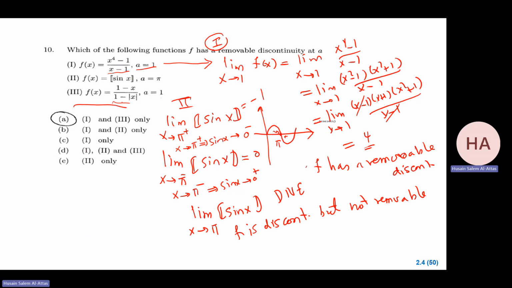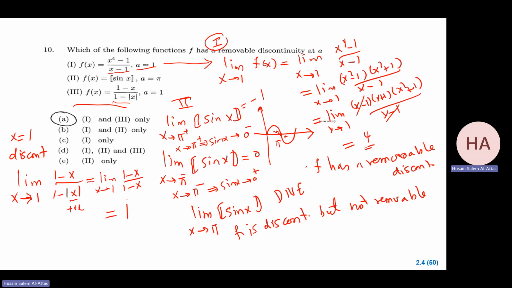The third one, I need to check the limit as x goes to 1. Very clear, at x equal 1, we have discontinuity, because it will be 1 minus 1, 0. So I have 1 minus x over 1 minus absolute value of x. As this goes to 1, either from right or left, this will be positive, so that I can get rid of the absolute value.